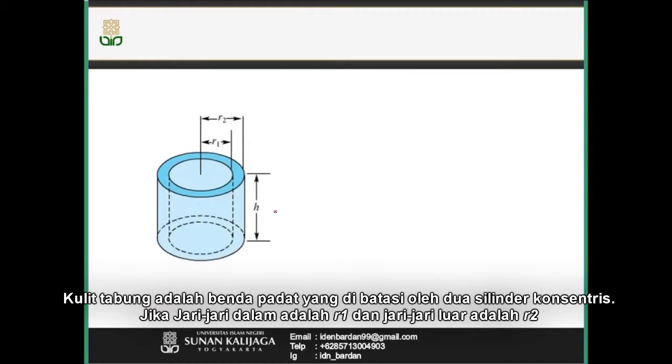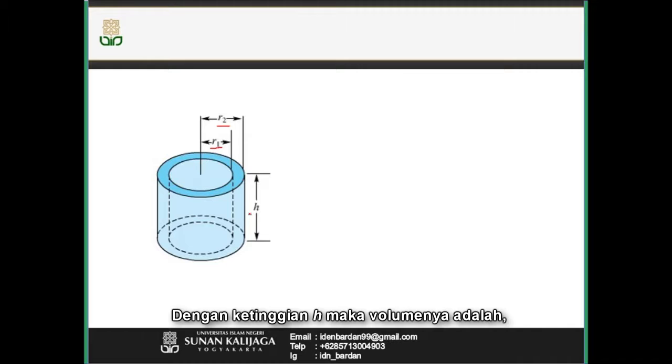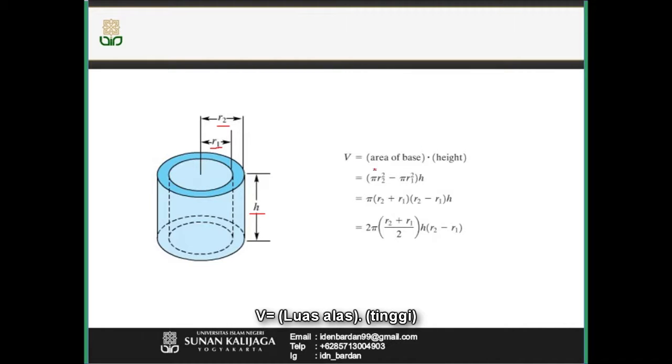So, a cylindrical shell is a solid bounded by two concentric circular cylinders. If the inner radius is r1 and the outer radius is r2 and its height is h, then its volume is given by this: V equals area of base times its height.